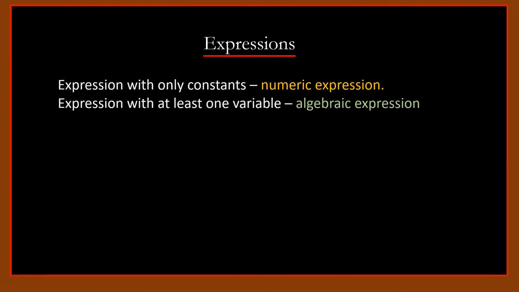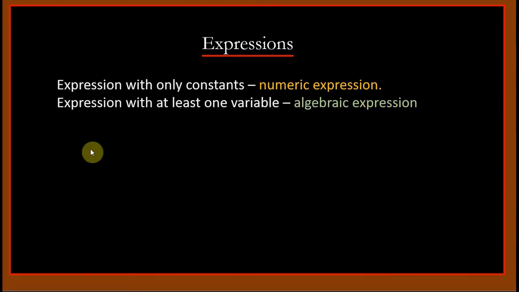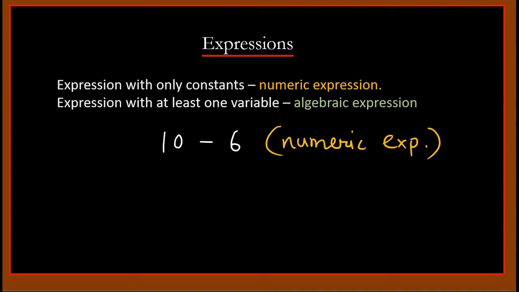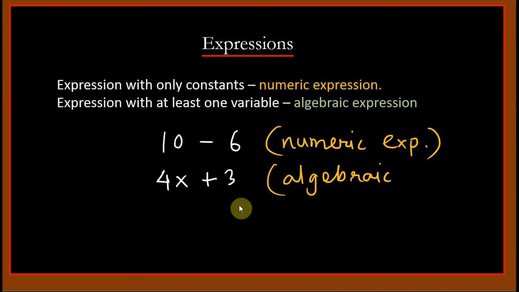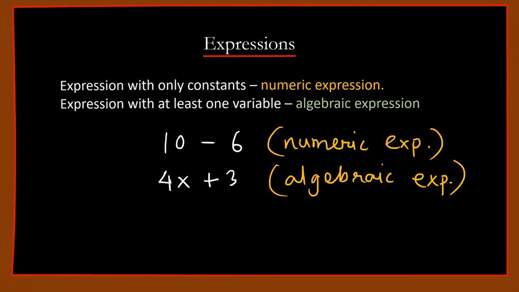An expression that only has constants is called a numeric expression, and an expression that has at least one variable is called an algebraic expression. For example, 10 minus 6 has only constants, so it is a numeric expression. 4x plus 3 has a variable, therefore it is an algebraic expression.